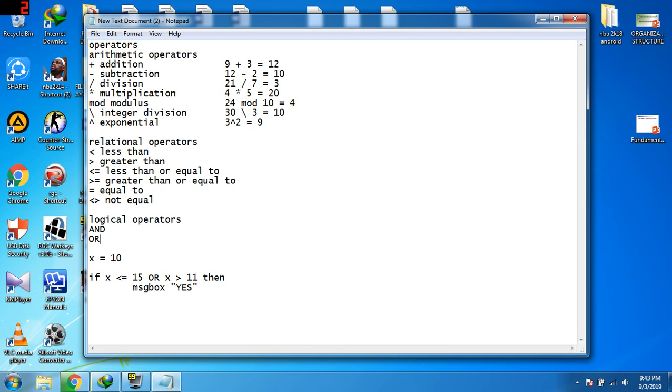Basta yun lang tatandaan nyo, pag sinabi natin AND gate, dapat both ng condition ay true para i-process niya yung statement mo sa dulo. Then pag sinabi natin OR gate, dapat kahit at least one dun sa dalawang condition mo ay mag-true, then i-execute pa rin yung statement. So, ganun lang po siya.